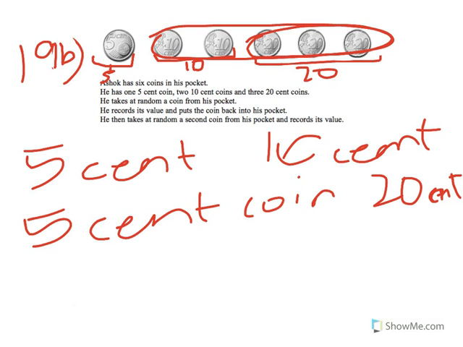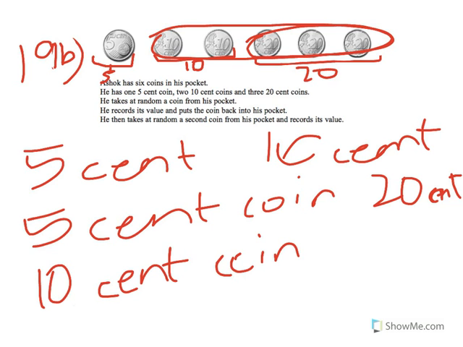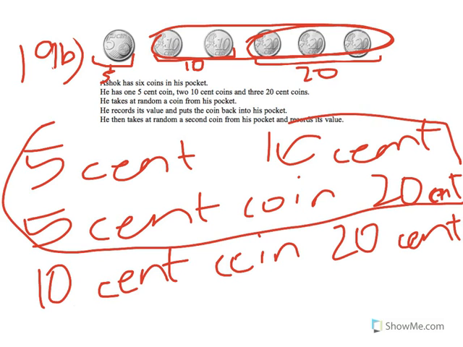Sorry for the bad handwriting. And the third event that could occur is a 10-cent coin, and then you pick a 20-cent coin. It'll still be the same answer because the addition of these is the same as the first event, which I showed previously.